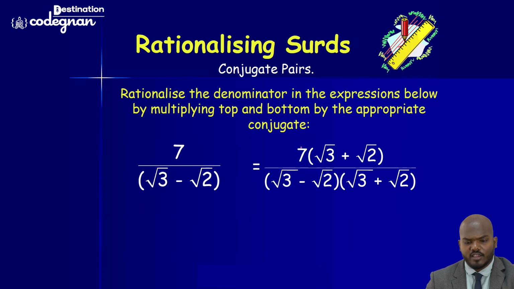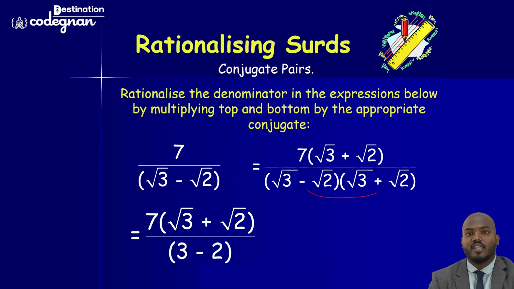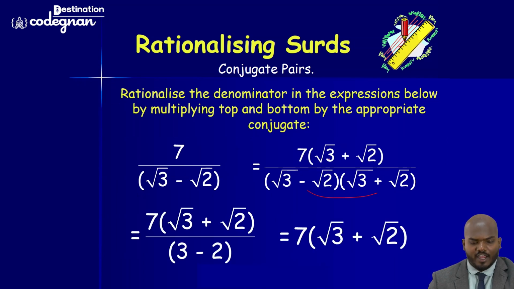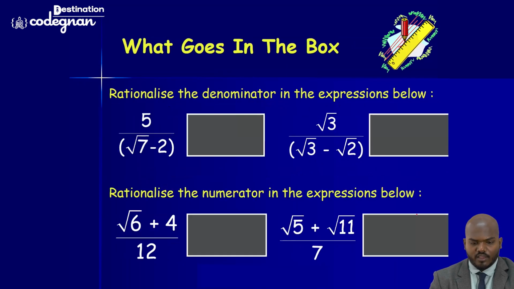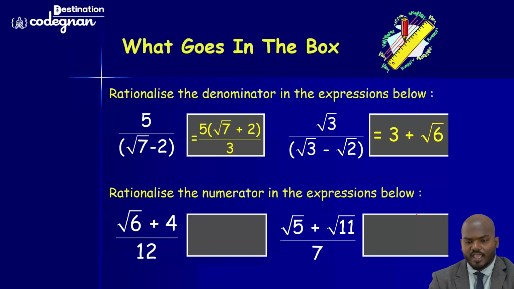This will definitely become a square minus b square. Root 3 square will become 3, and root 2 square will become 2. So 3 minus 2 will become 1. If you multiply that, it will give you 7 root 3 plus 7 root 2. And resolving this one, it will give you the value like this.